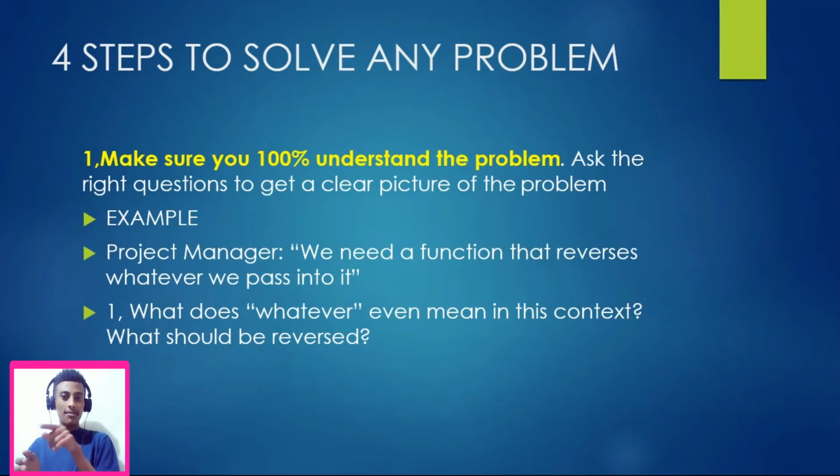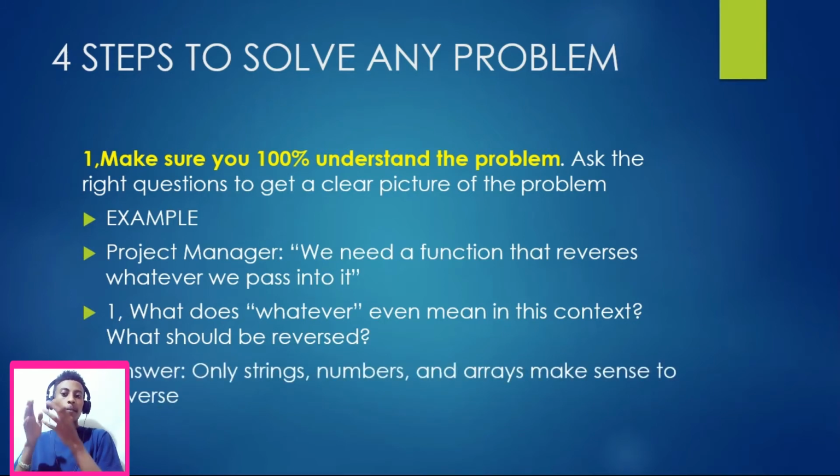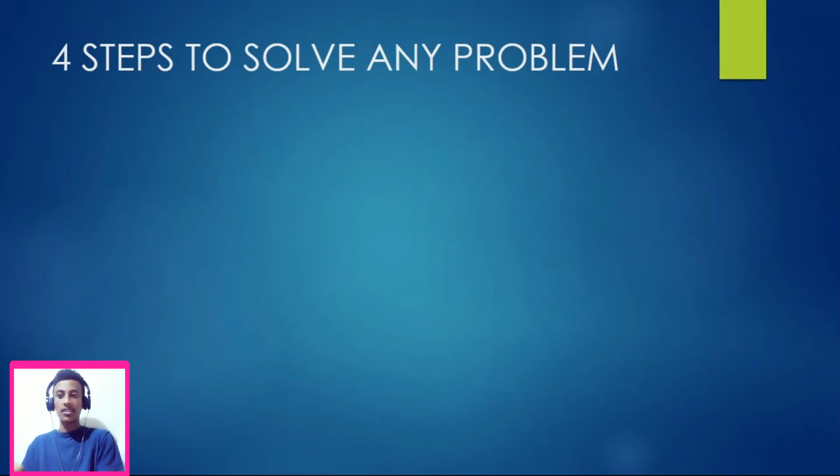What should be reversed? You have to ask this kind of question to understand the problem 100%. The answer may be that only strings, numbers, and arrays make sense to reverse.